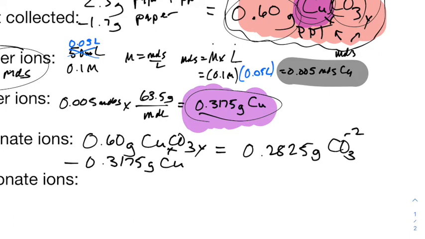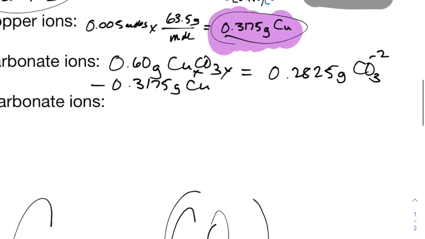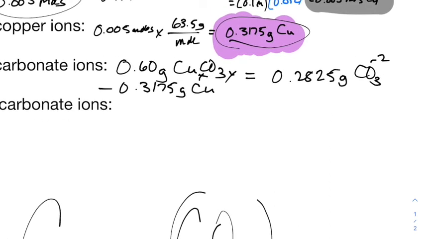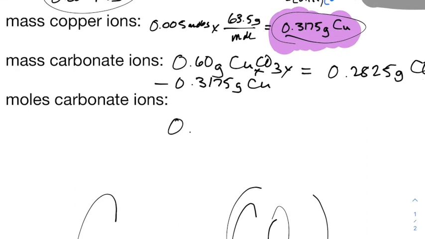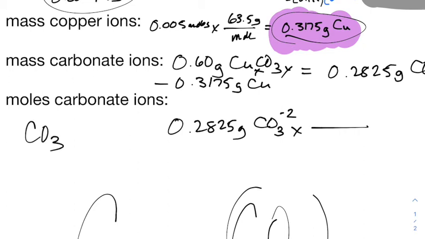Well, if I know grams, I know moles. All I have to do is turn those grams into moles. So our last one here, the moles of the carbonate ions, 0.2825 grams of carbonate ions. All I have to do is divide that by its molar mass. And remember, you're talking about CO3.